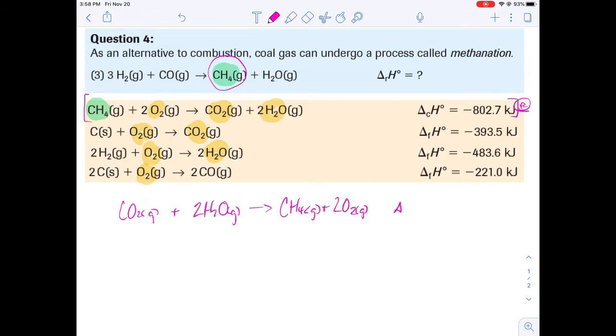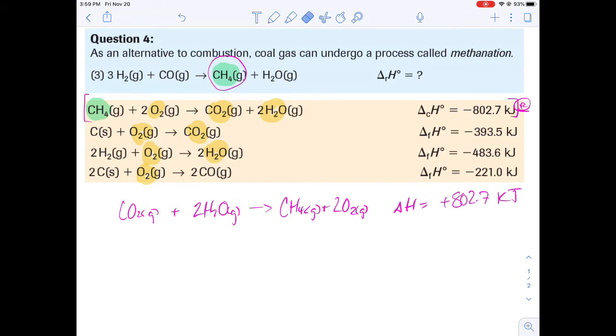And the enthalpy for this is going to be the same number, because I didn't multiply by a fraction or a coefficient or anything, but it's going to now be positive 802.7 kilojoules instead of negative, because by reversing it, I change the sign.